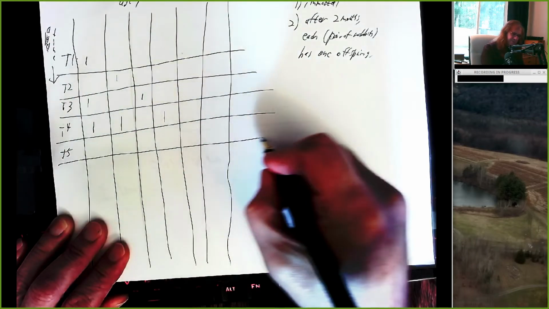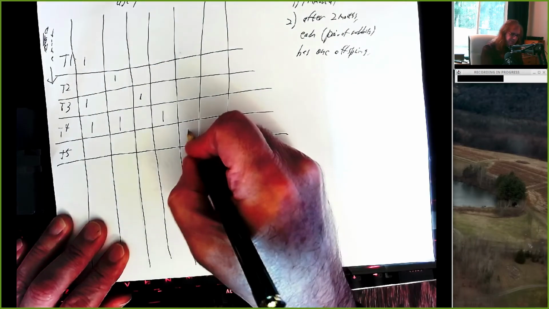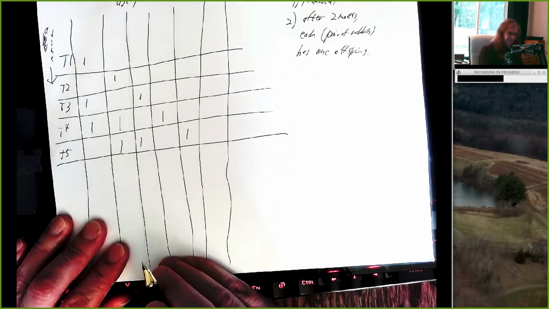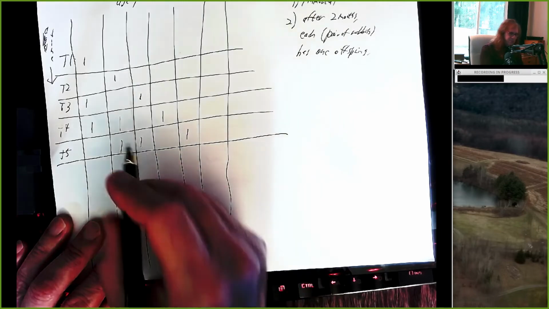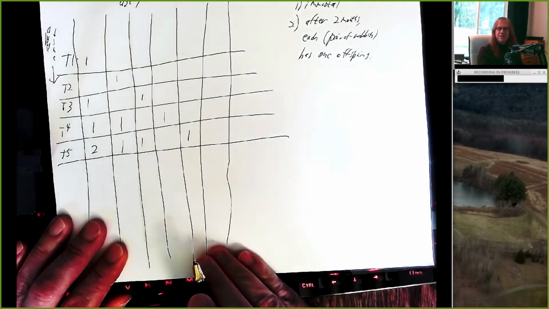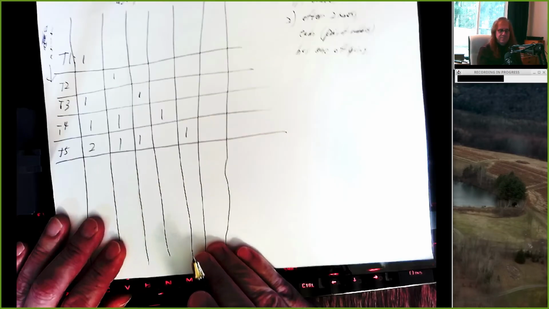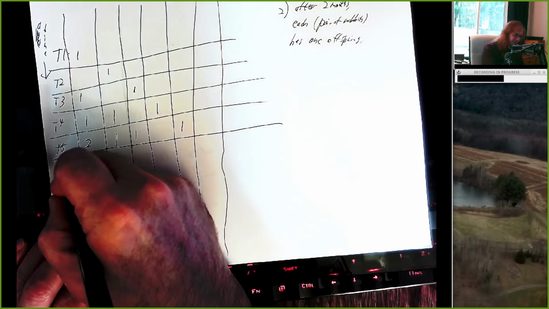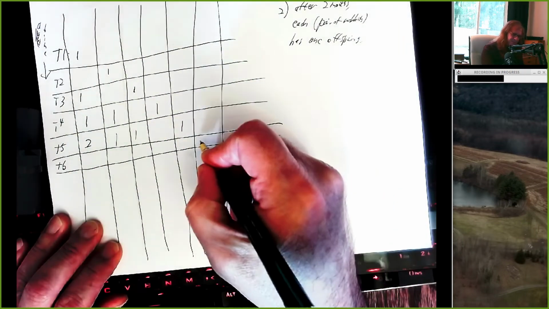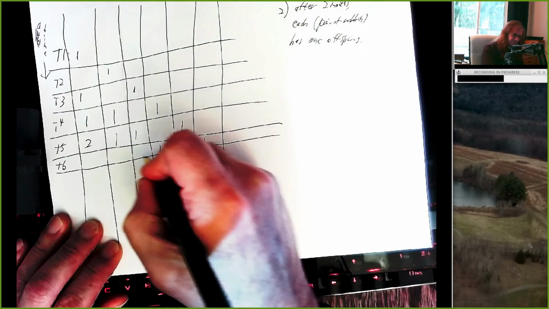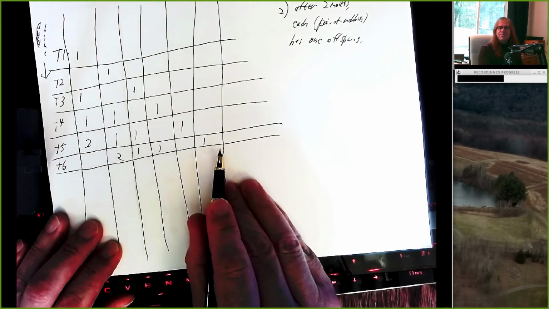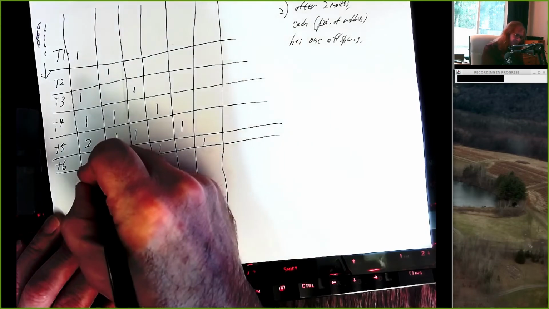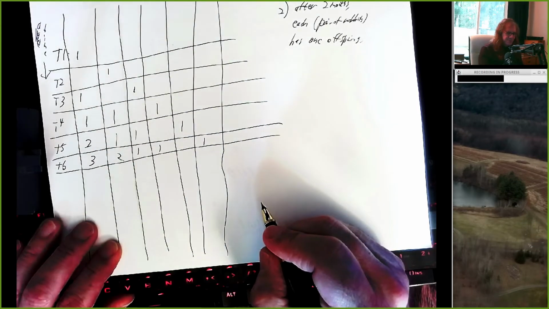The next month, everyone gets a month older. But at this point, we've got 2 rabbits that are old enough to reproduce, and so we get 2 new rabbits into the population. We can just keep doing this. We can keep aging the population, and at this point, there are 3 rabbits that are old enough to reproduce, so we get 3 new rabbits in the population.